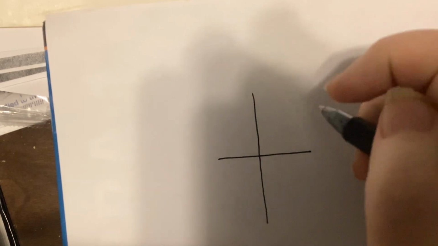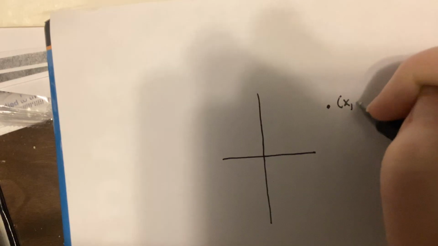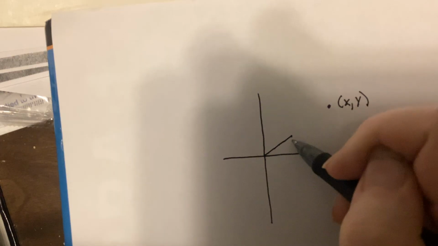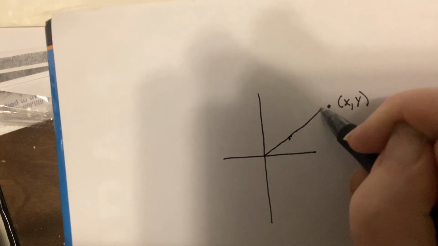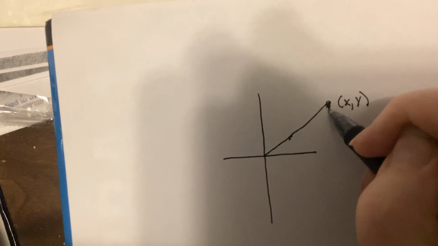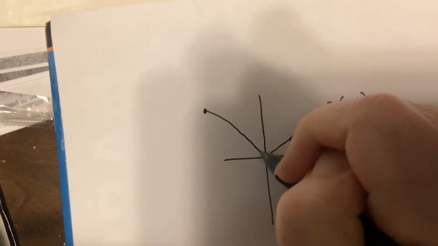Okay, so what if the ordered pair is in another quadrant? So if it's in the first quadrant, we have this going on. If it's in the second quadrant, we have this.